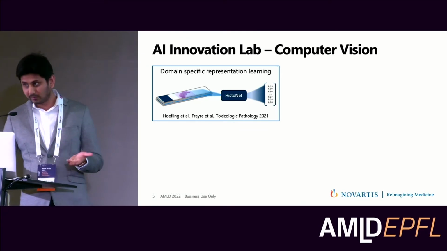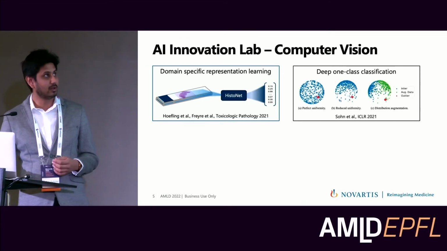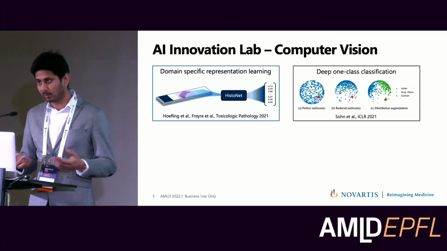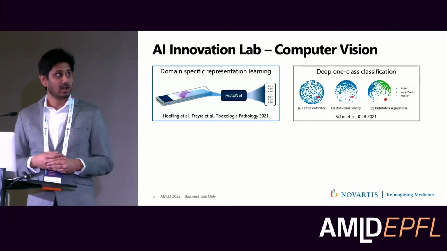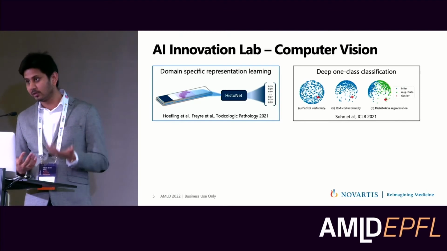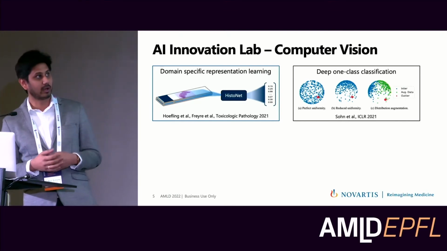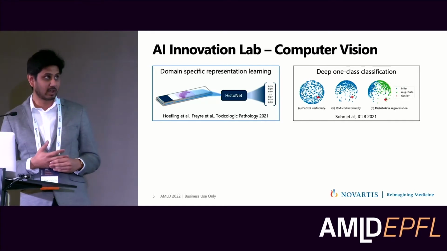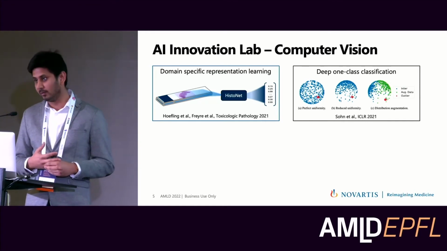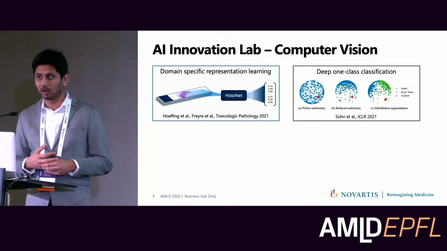So let me give you some of those downstream problems. One problem is deep one-class classification, where you'd like to do anomaly detection. In particular, if, let's say, you're using contrastive loss, which induces the property of uniformity for your inlier data distribution, using domain-specific representations we have found to really improve the performance of the anomaly detector.